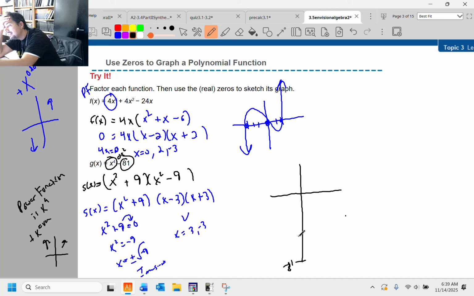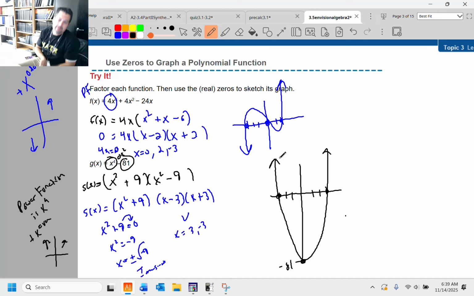If an equation's in standard form, the last number you see is always the y-intercept. And your roots were at plus 3 and minus 3. And it starts high and it ends high. So it's going to come in from up high. It's going to hit that y-intercept and look like that. And there you go, boys and girls. That is the graph of that one.